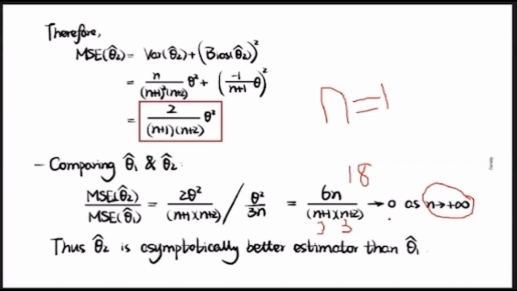Look at what I said: theta cap 2 is asymptotically better. If I don't put asymptotically, I'm wrong, because it is not at every sample size that theta cap 2 is better. Theta cap 2 is only better when the sample size is large. Any question?